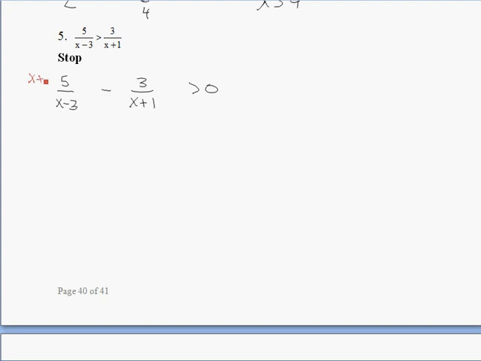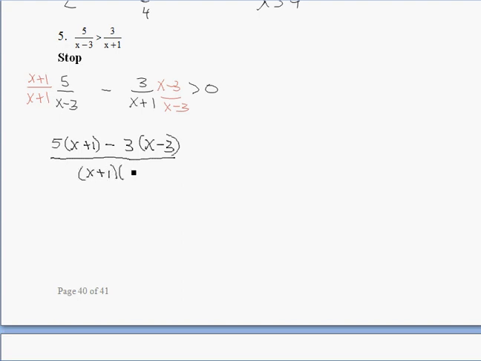So this needs to be multiplied by x plus 1 over x plus 1, x minus 3 over x minus 3. So we get 5 times x plus 1 minus 3 times x minus 3 all over my combined denominator of x plus 1, x minus 3, or my common denominator.